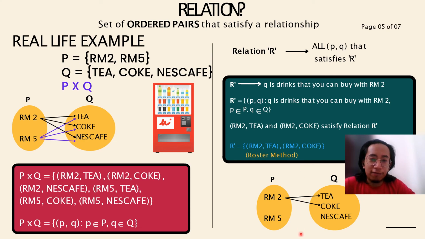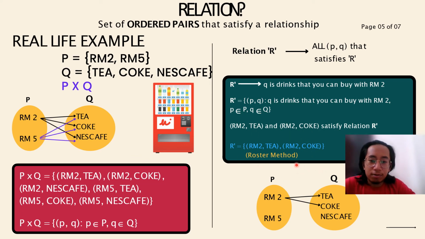But Nescafe is usually very expensive in a vending machine, probably like 5 ringgit or so. So we get the ordered pairs (2, Tea) and (2, Coke), such that every ordered pair satisfies the relation R'. It's a drink that you can buy with 2 ringgit. This is the roster method to represent set R'.